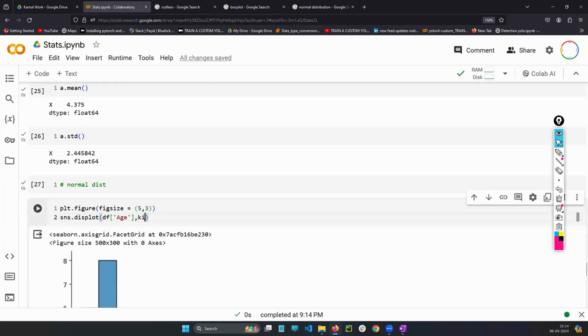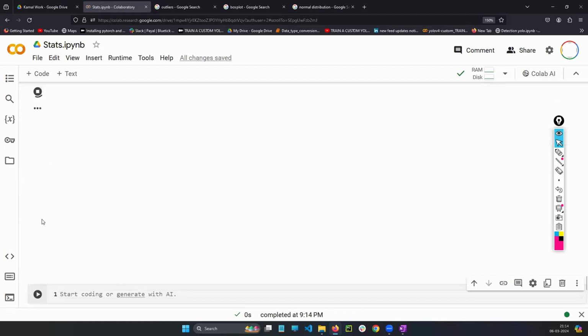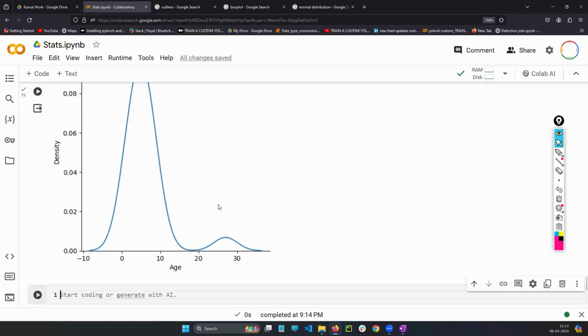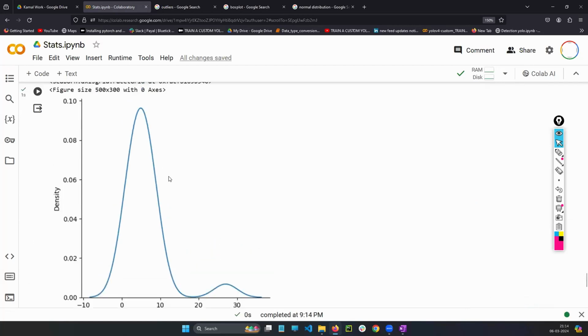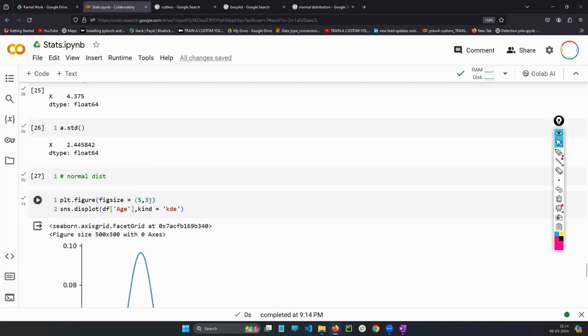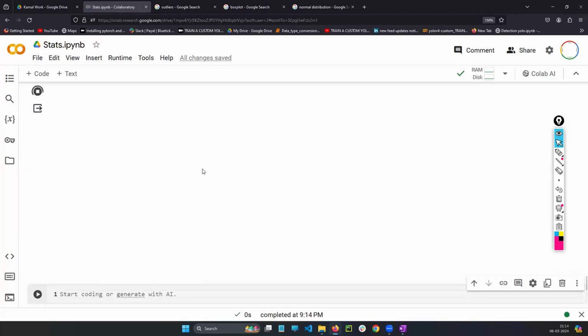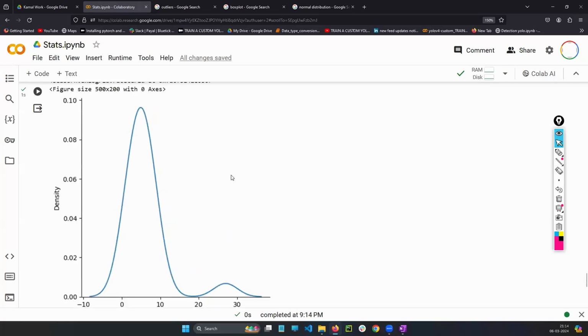What we want, we need a bell curve, na? Yep. KDE. KDE means kernel density estimator, which means bell curve. See guys, now tell me, is it following any bell curve kind of thing? Let me reduce the height. Do you see it is following the bell curve?